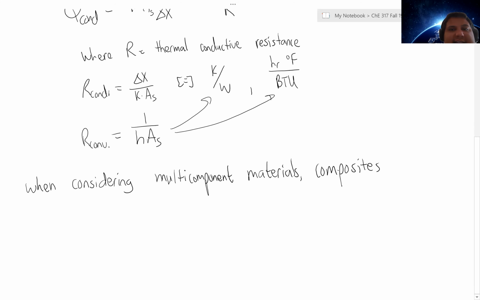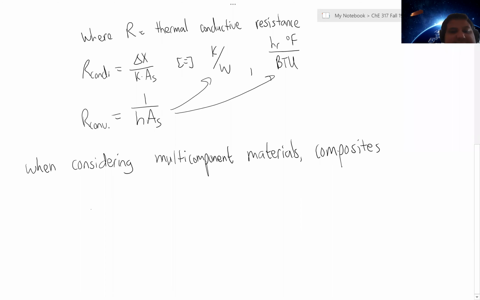So let's take a look at an illustration of what I mean. Let's say I have a wall, but instead of being made up of just one material, it's made up of 3 materials.